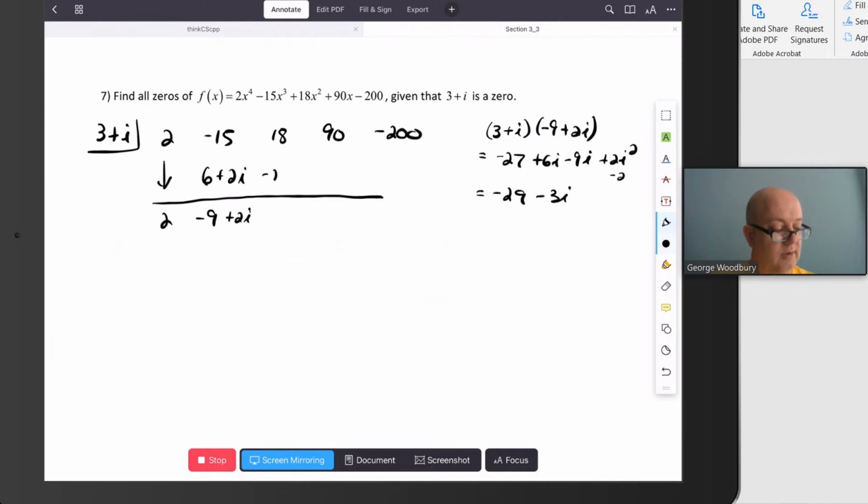So I'm going to write that down, negative 29 minus 3i. Combine the total of the column: 18 and negative 29 combine to be negative 11 minus 3i.